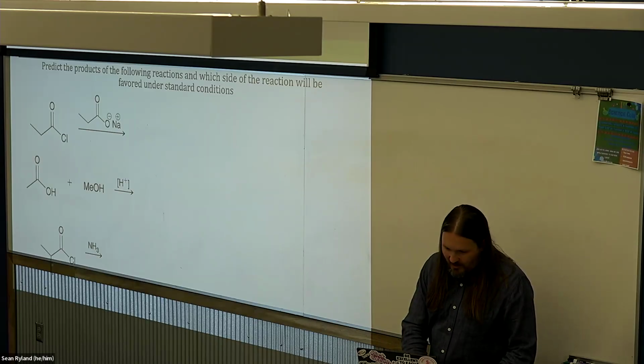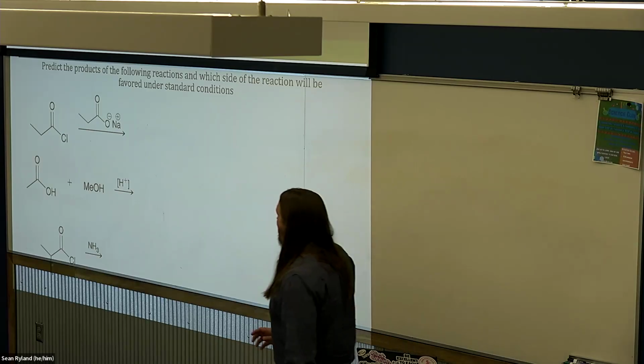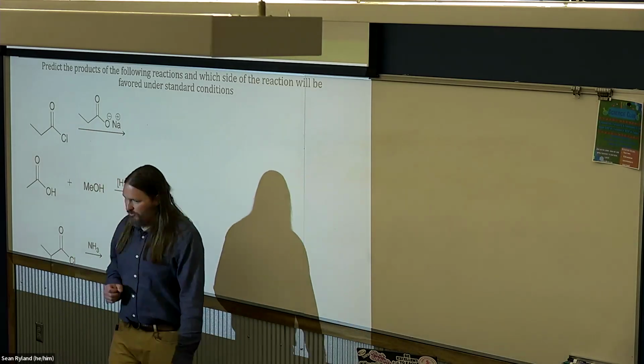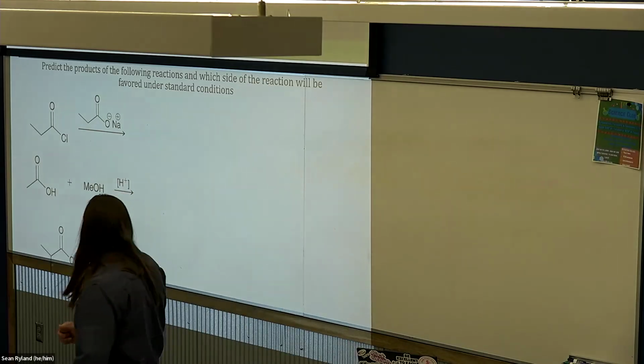But anyway, all right. So what would we make for each of these? What's our nucleophile and what's our leaving group? Don't worry about drawing mechanisms.